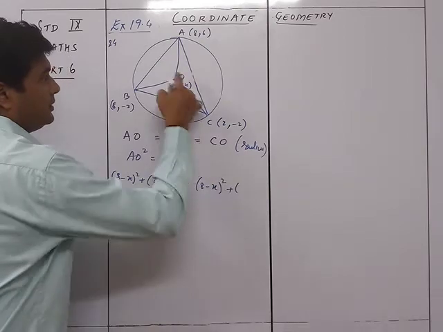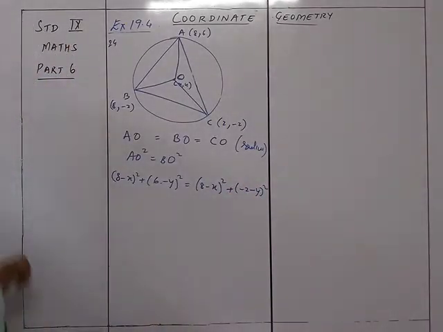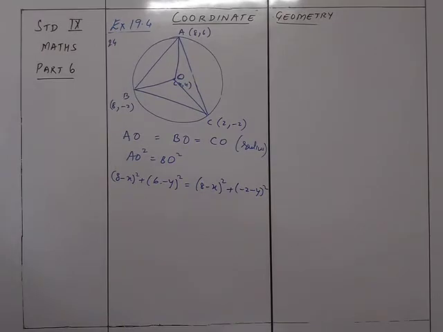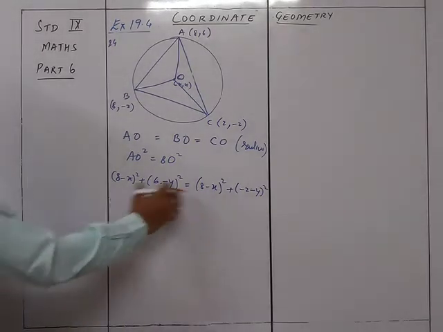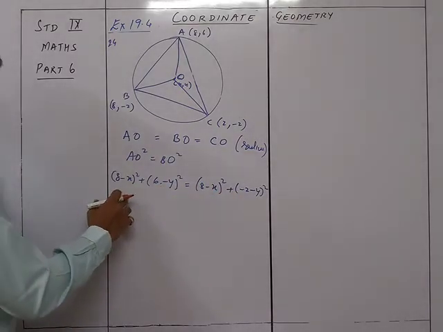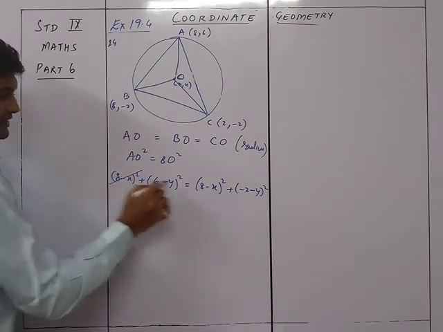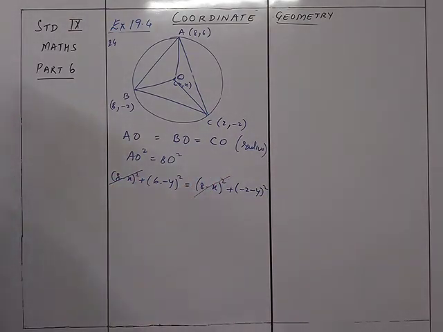That's just the distance formula for AO and BO. These terms are the same, luckily, so we can just cancel them. We automatically get the value of y.